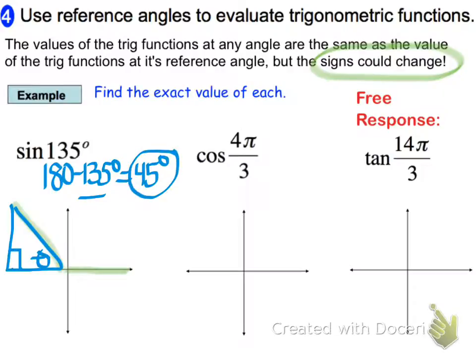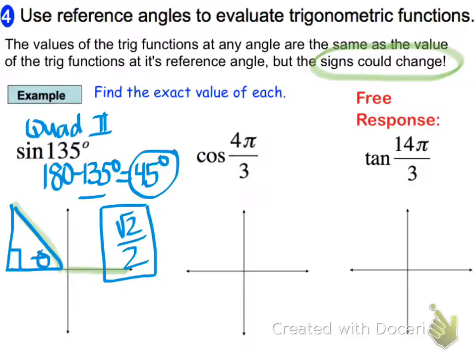You know that the sine of 45 degrees is root 2 over 2 in quadrant 1. The key here, though, is that 135 degrees is in quadrant 2. And in quadrant 2, sine is positive, so we can leave this as positive. Our answer would still be root 2 over 2. Basically, all we did is use a smaller angle, 45, to come up with our answer instead of 135 degrees.